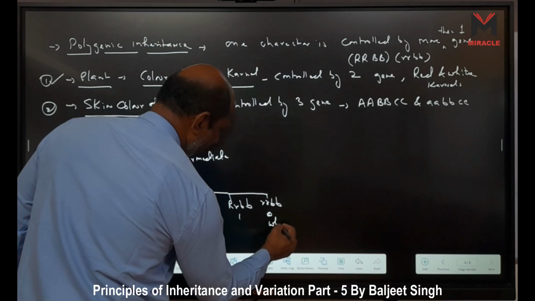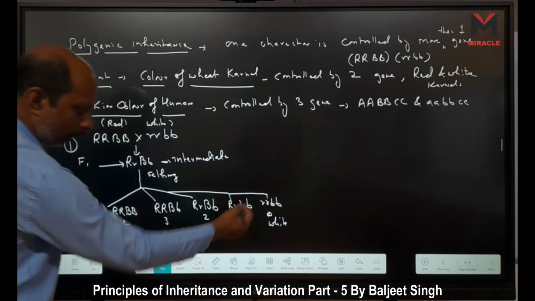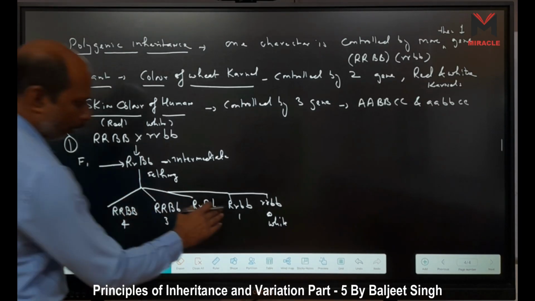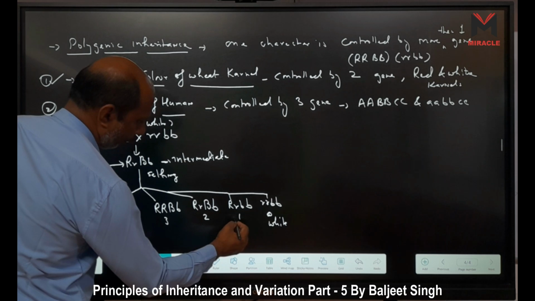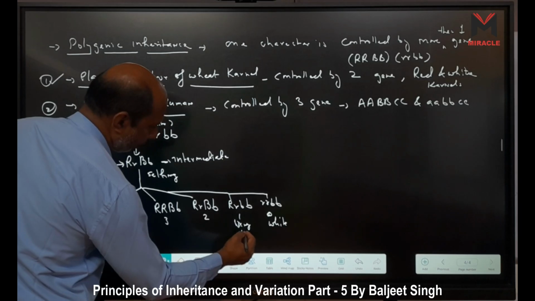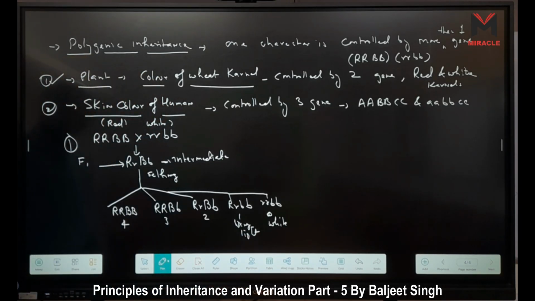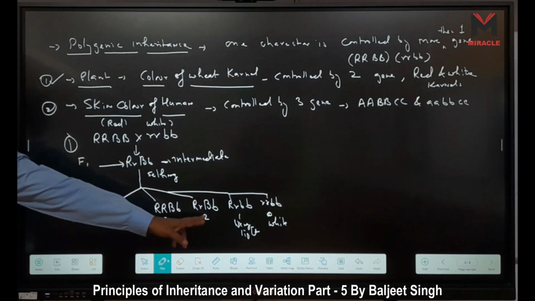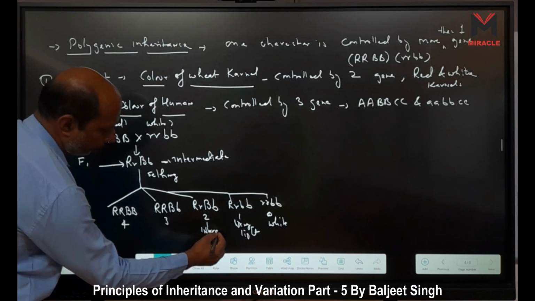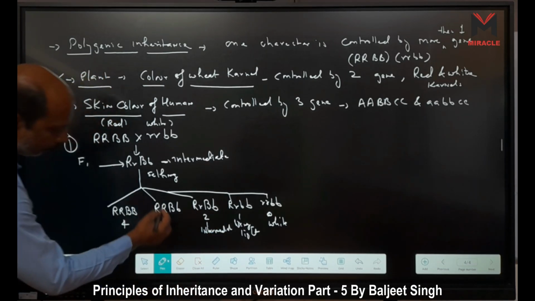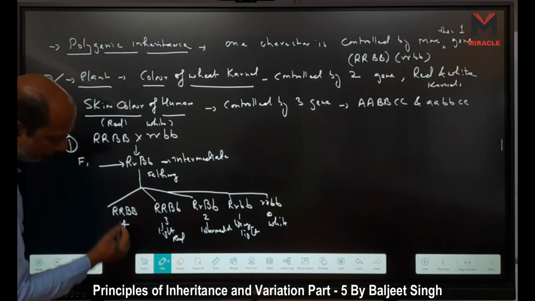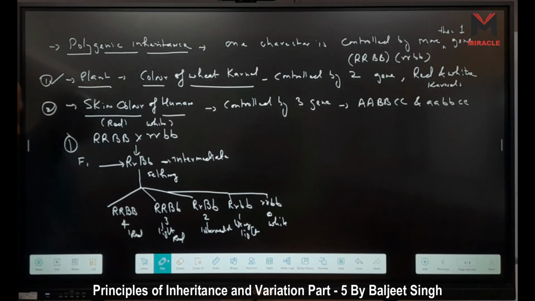This one is white because only small are there. This one, we cannot say is red or white. This is very light color, near about white, right? Here it is intermediate, this one is light red and this one is red color, right?